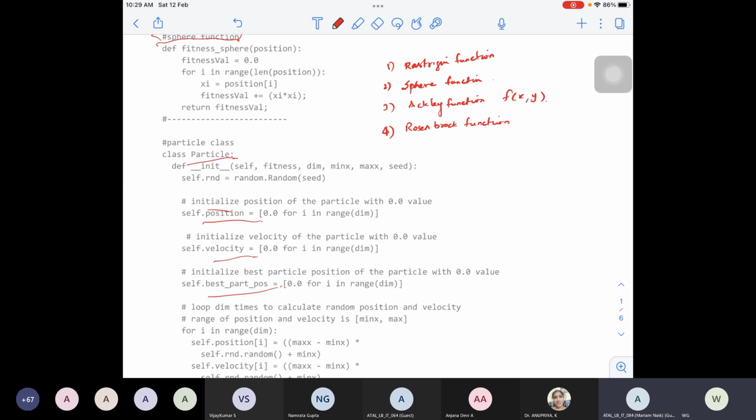There is a function called the Himmelblau function, right? This function is a function of two variables, x and y, and it is given by x squared plus y minus 11, the whole squared, plus x plus y squared minus 7, the whole squared. What you can do is use this function.